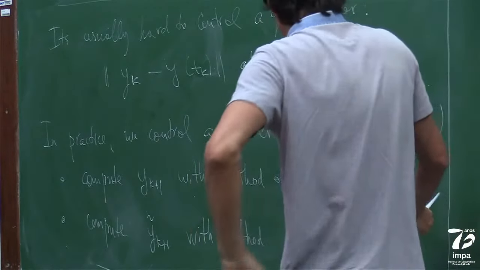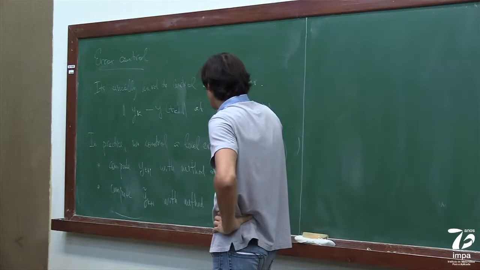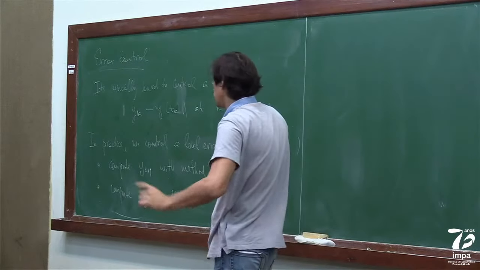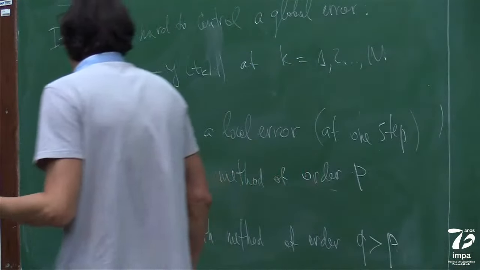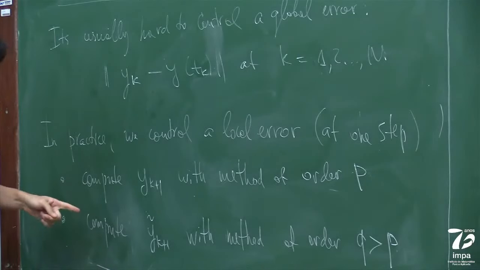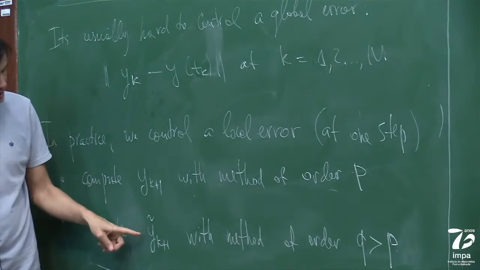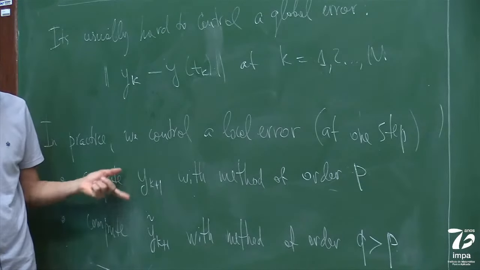Since the order of the second computation is higher, and the step is small, it means that the second value is much more accurate than the first. So the error is different.